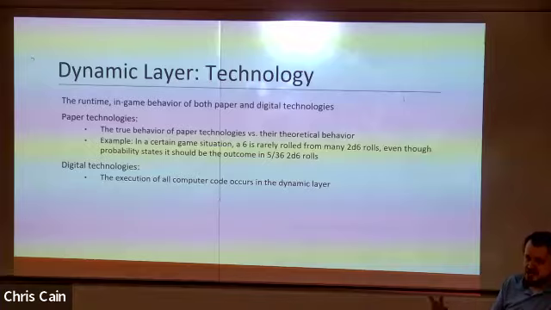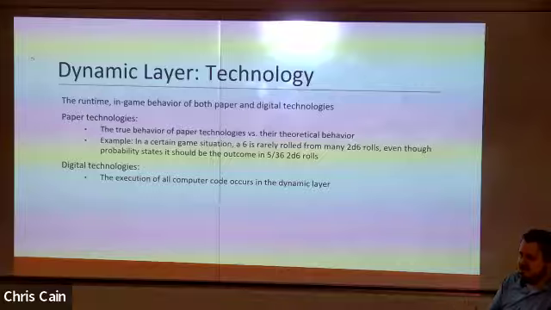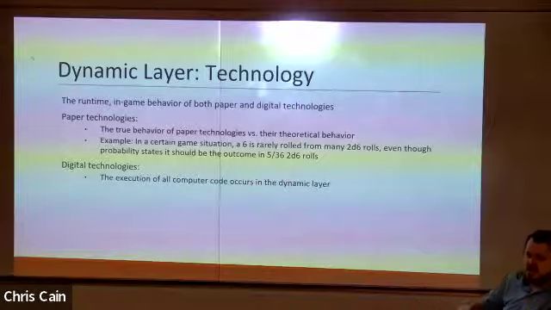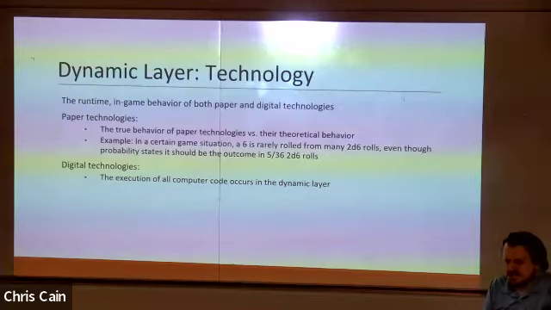So the server can start making some calculations about if the player decides to do this, what is the outcome of this? So I don't have to decide it right on the fly. And that way it seems like it's happening faster from the user's perspective because of that bottleneck networking. Any way that that affects the player or the player's decision-making would be coming through in the dynamic layer.